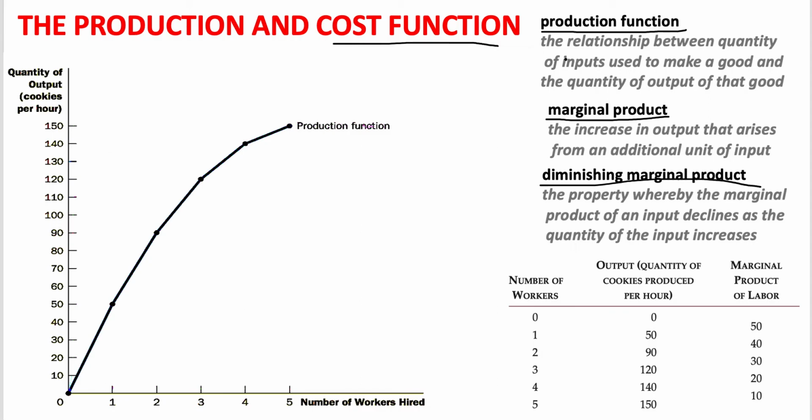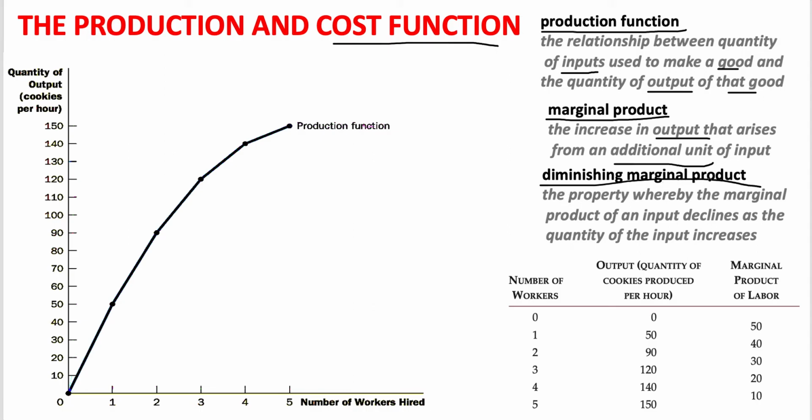Production function is the relationship between quantity of inputs used to make a good and the quantity of output of that good. Marginal product is the increase in output that arises from an additional unit of input.